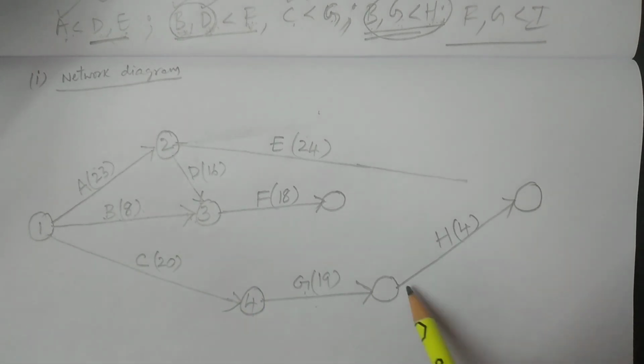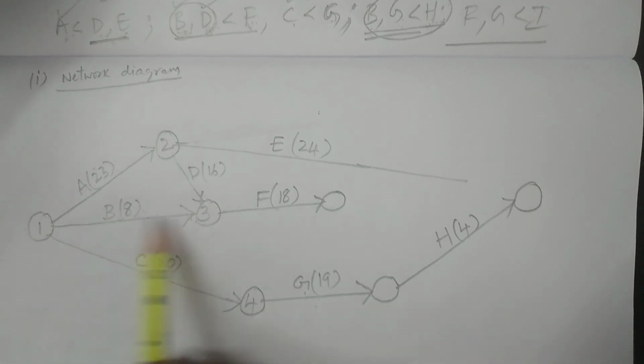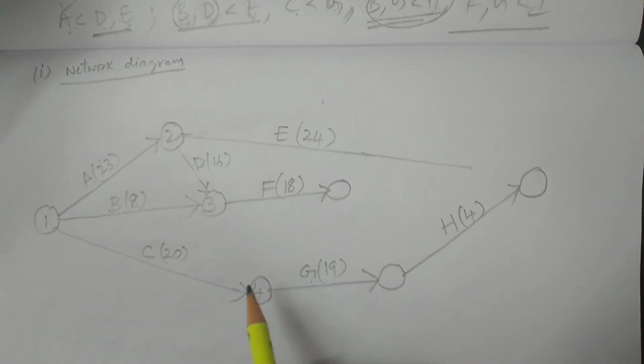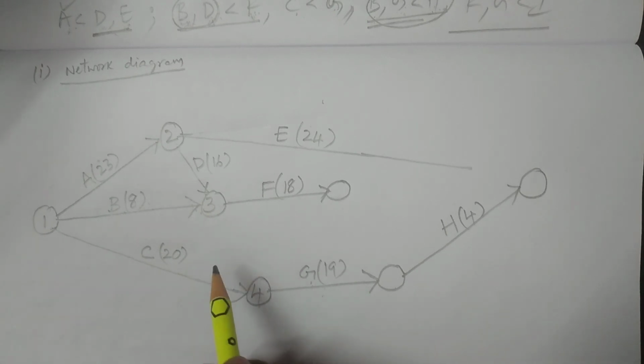And before the activity H, B and G must be finished. G was finished, no problem. But because B is independent and not connected here with G, therefore I am constructing. There is no other way for us to show this.